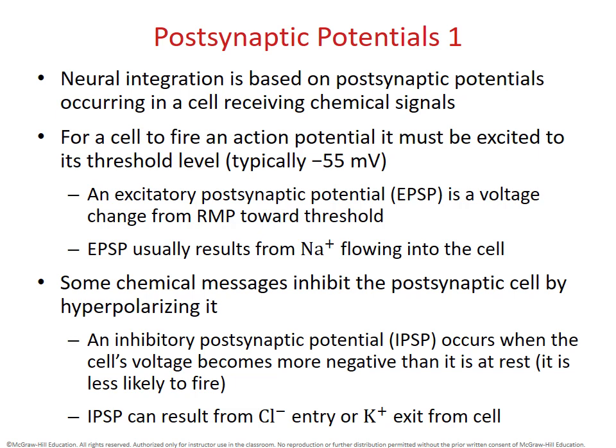So remember, for a postsynaptic cell to fire, it has to experience a threshold level of depolarization at its trigger zone. And what initiates that threshold level of depolarization is an excitatory postsynaptic potential coming from the dendrites or cell body of the neuron.